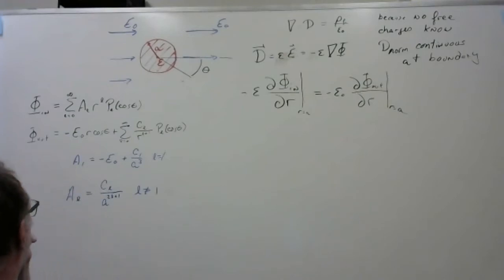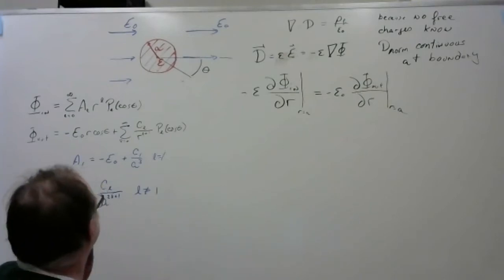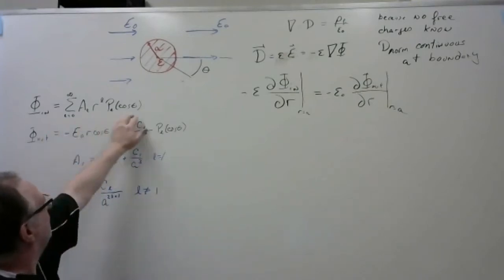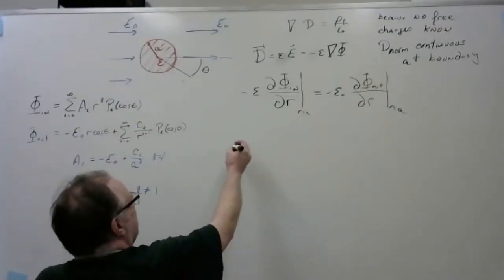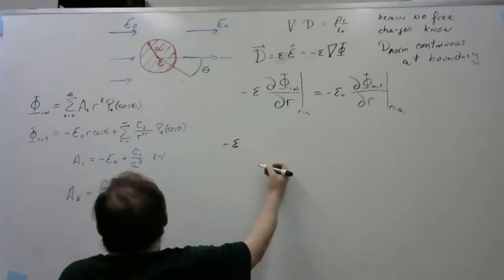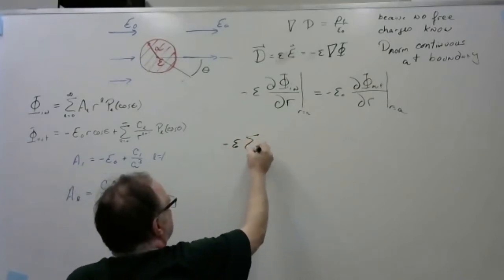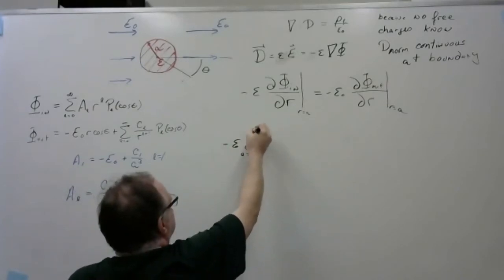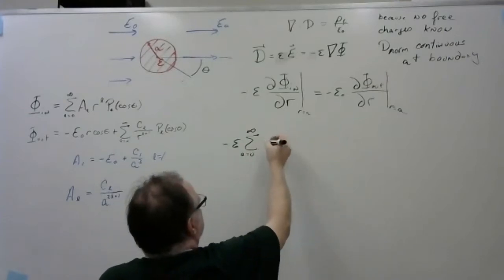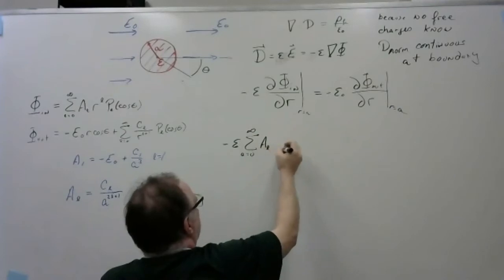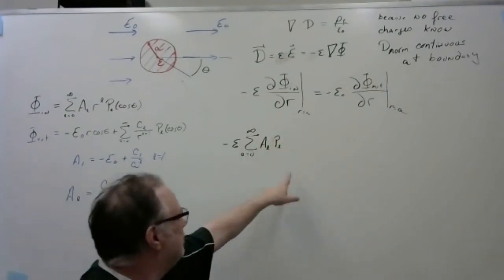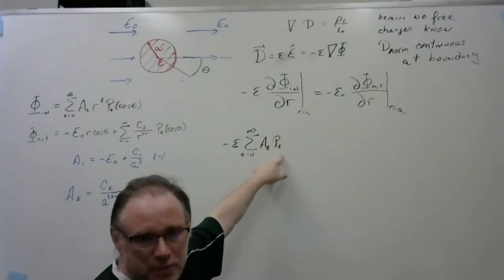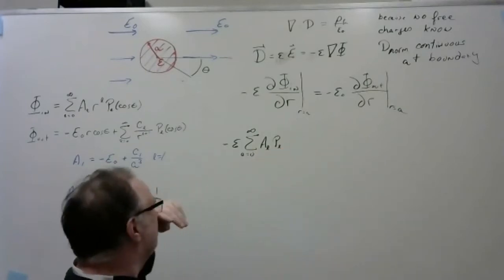All right, so let's do it. We want to take the derivative of this with respect to r. So I get minus epsilon multiplied by the sum, L equals 0 to infinity. I can pull this other stuff out. AL, PL. By the way, I'm just going to shorthand this PL. Just remember it's PL cosine theta. I'll write that out for you later.